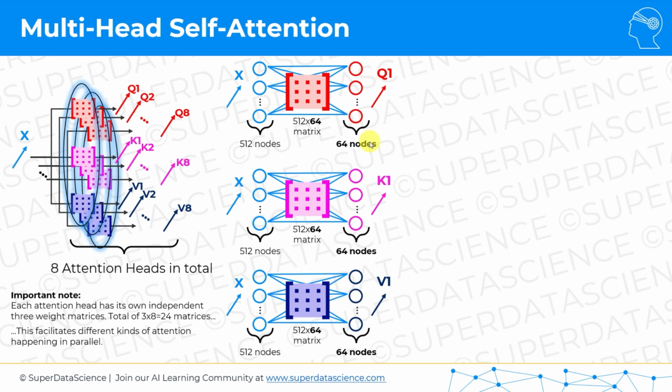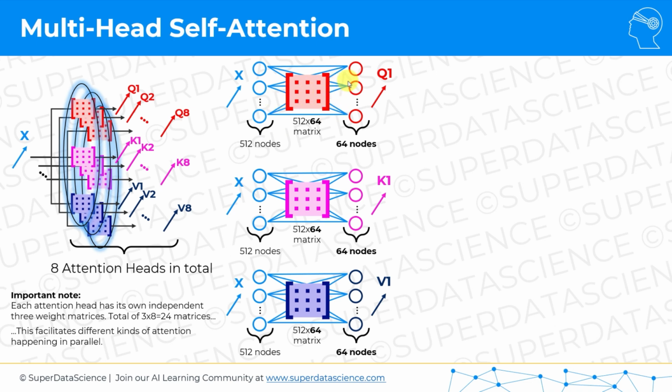It's very different from just cutting up the vector x into 64 parts and sending them to the different attention heads, because that way the different attention heads would only get information about 64 features each. Whereas in this approach, where you're using a 512 by 64 matrix and all of the 512 features, vector q1 has access to all 512 features through this linear transformation.